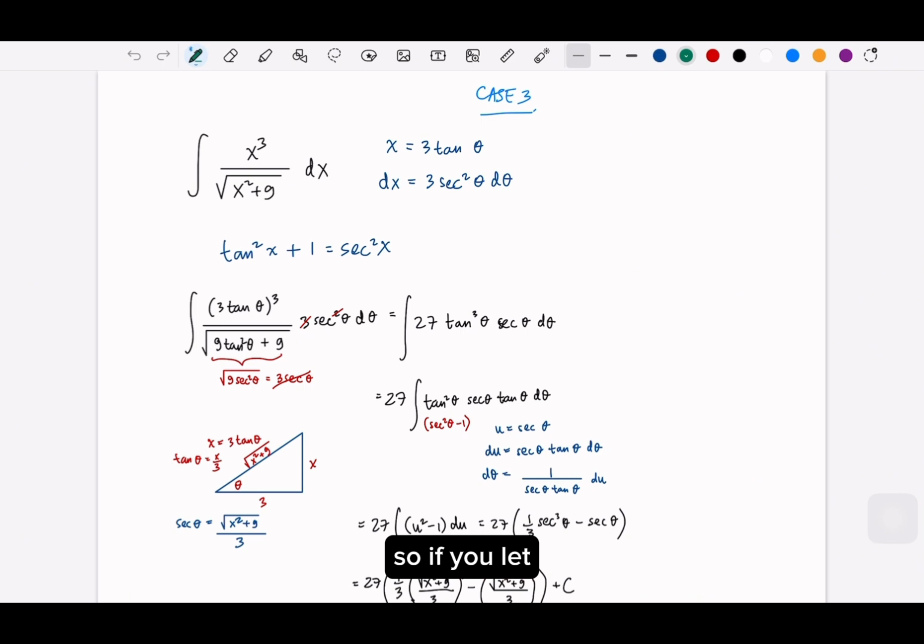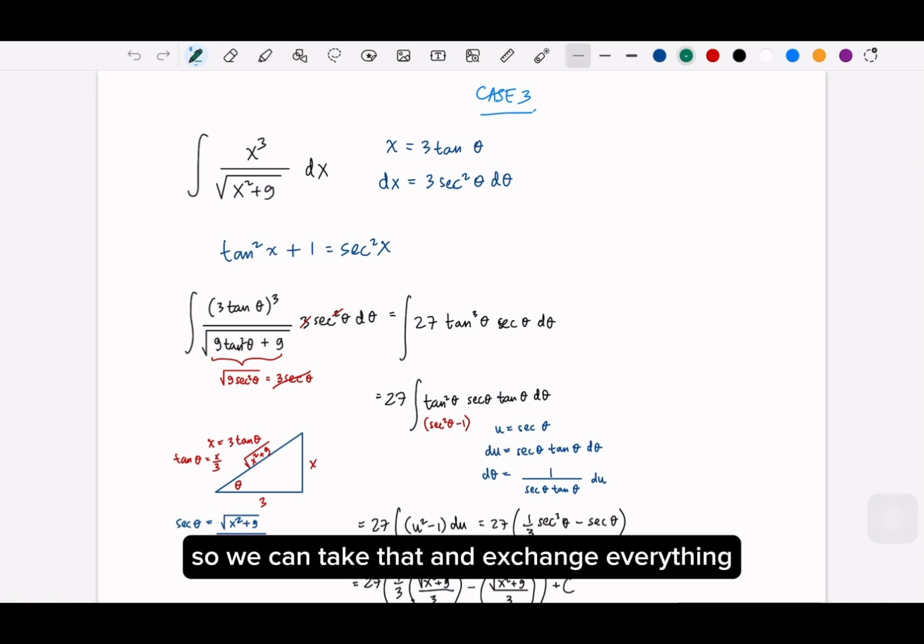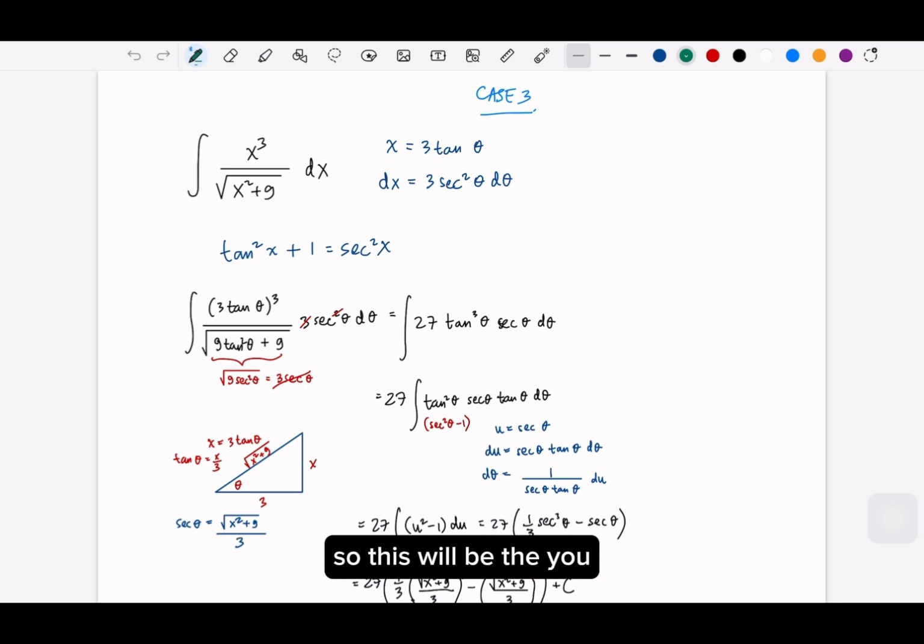So if we let u be secant theta, du will be secant theta tangent theta d theta. Okay. So we can take that and exchange everything, becoming u squared minus 1. And this will be cancelled, so this will be du.